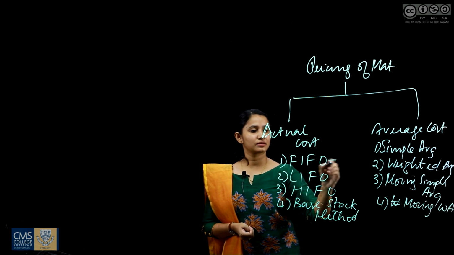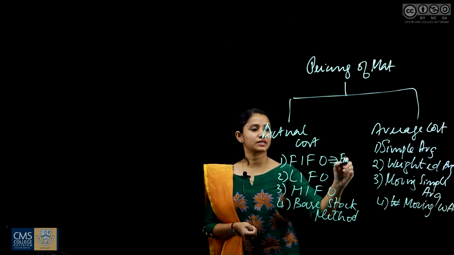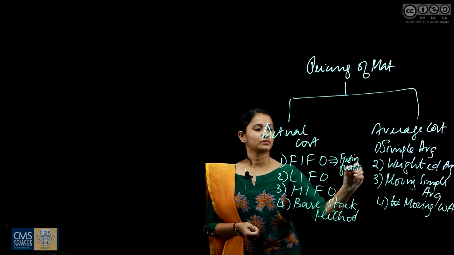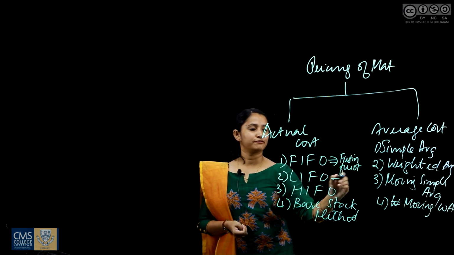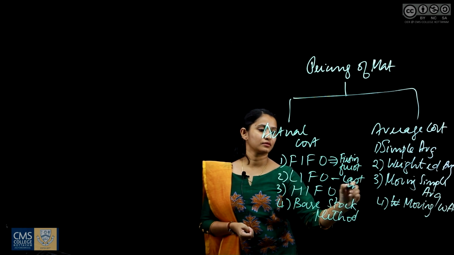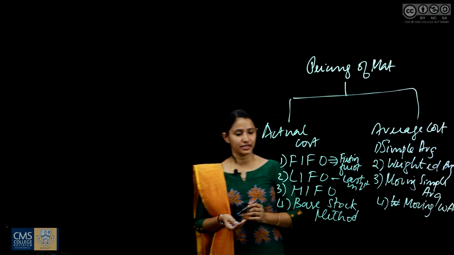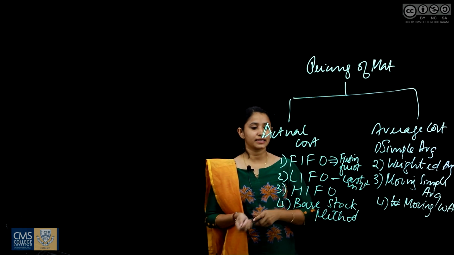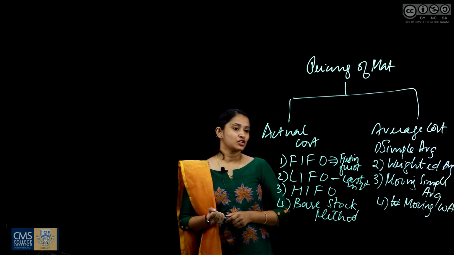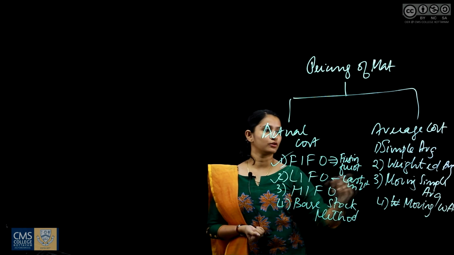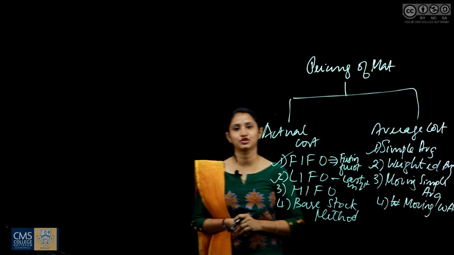FIFO means first in, first out. LIFO is last in, first out. HIFO is highest in, first out. And the last one is the base stock method. As per our curriculum, we have to learn FIFO, LIFO, simple average and weighted average method.